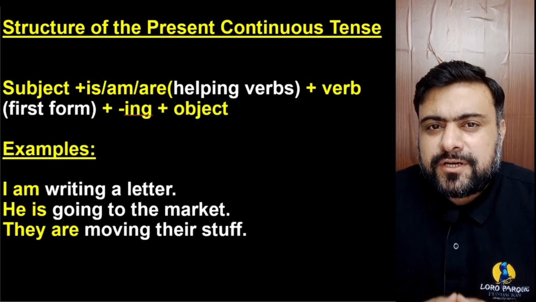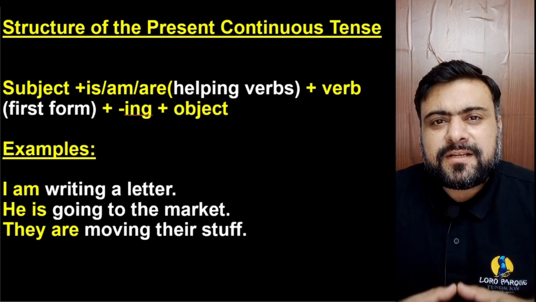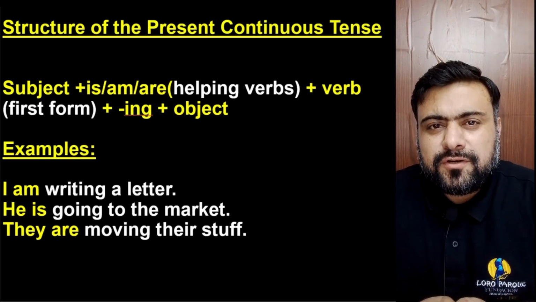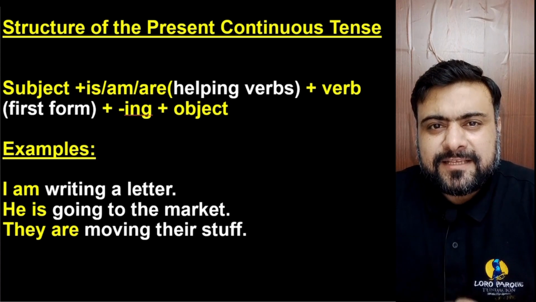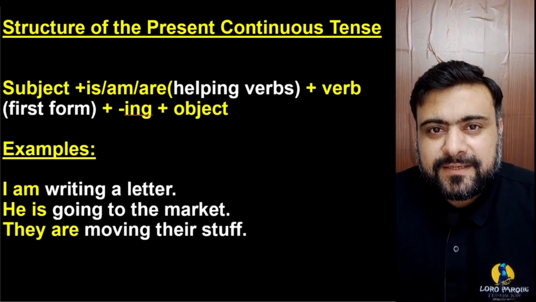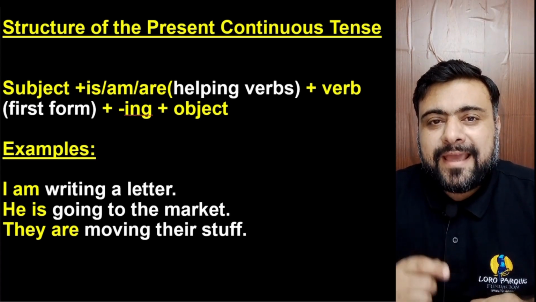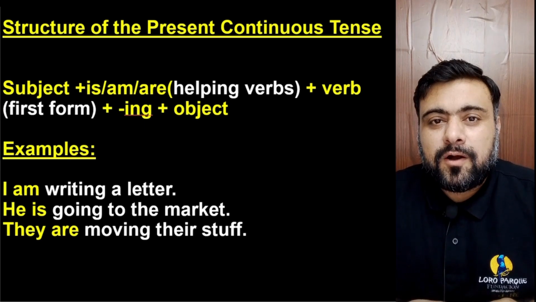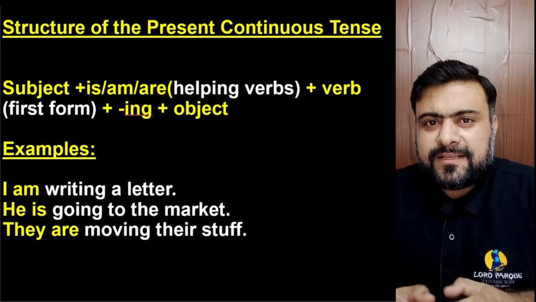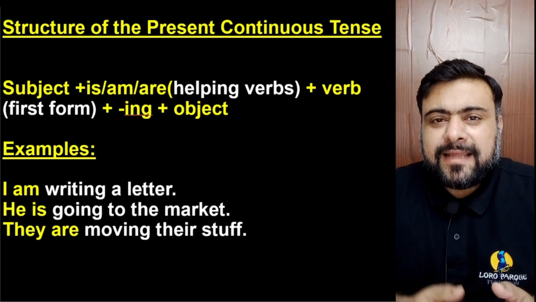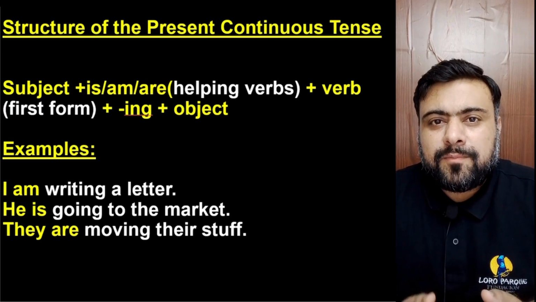So, what is the structure of the sentence of the present continuous tense? It is like this. First, the subject. After the subject, we add a helping verb or an auxiliary verb. It is not the main verb, it is just the helping verb that helps the other verb form a sentence.